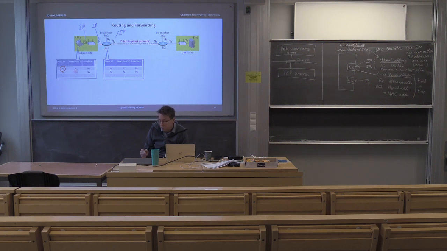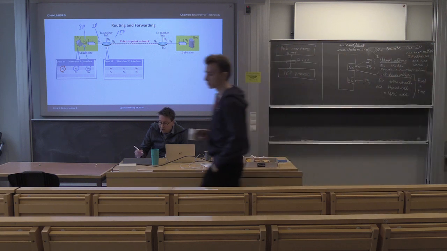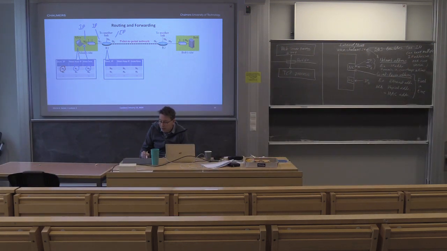And it can reach N1 by using the interface NA, which, through the switch, is connected to the router interface that has IP address N1. So that's what we read here: going to NB, send it first to N1 using the local interface which has IP address NA. Reasonably clear?